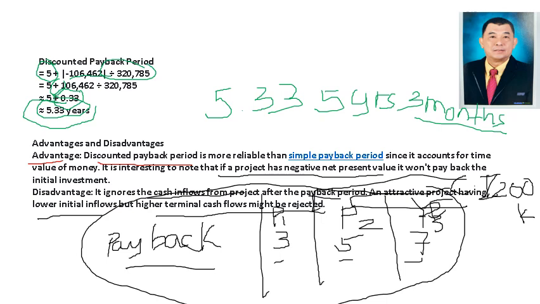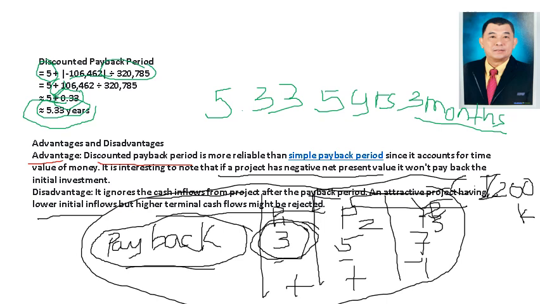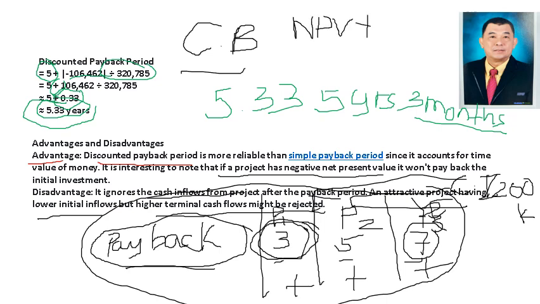However, in the payback, you found out that project 1, in 3 years' time, you have already the recovery of your investment. Therefore, you recommend project number 1, even though the net present value is positive, no? All of this, the NPV is positive. However, the recovery is this one. So that is the beauty of capital budgeting technique, using a combination of net present value and the payback period.